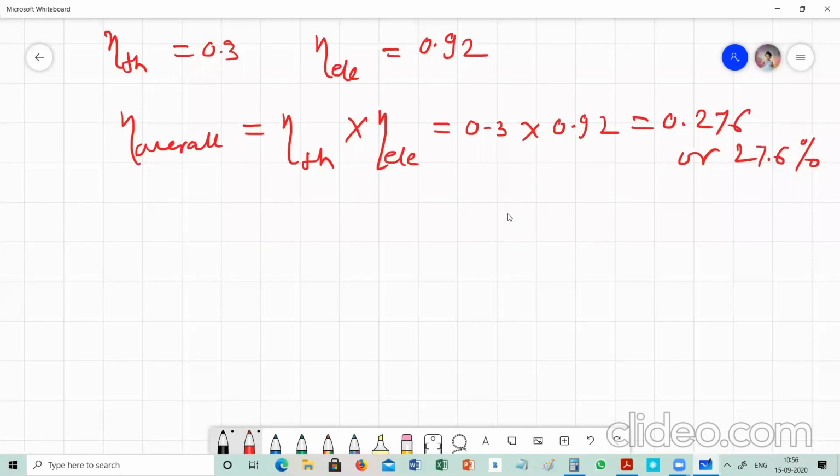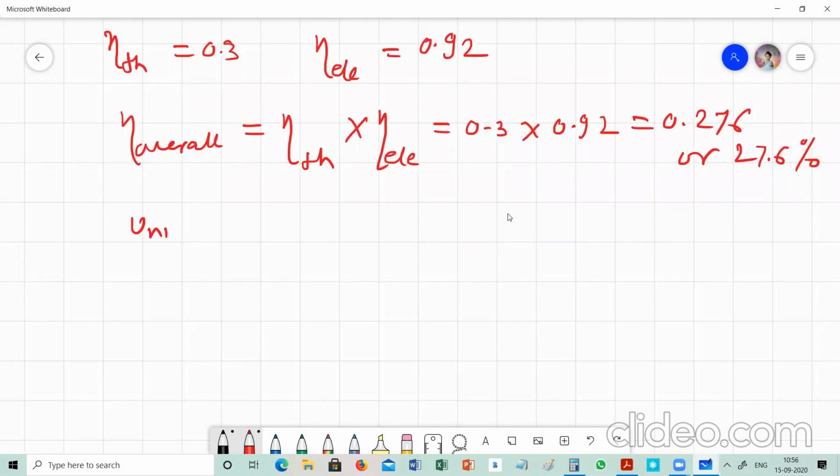Okay, they have asked to calculate coal consumption per hour. They have also given the information that the installed capacity of the power plant is 100 megawatt, and they ask to calculate coal consumption when the plant is delivering full rated output. The output power in this case is 100 megawatt itself.